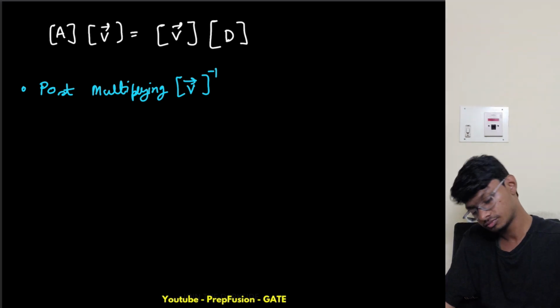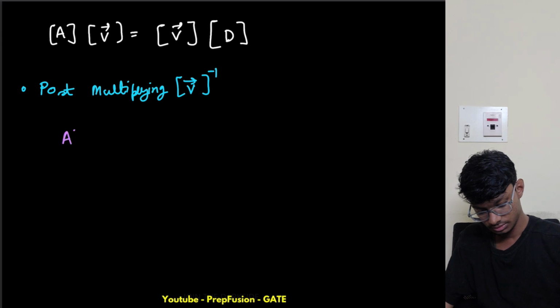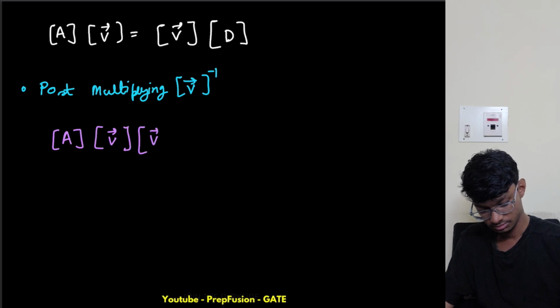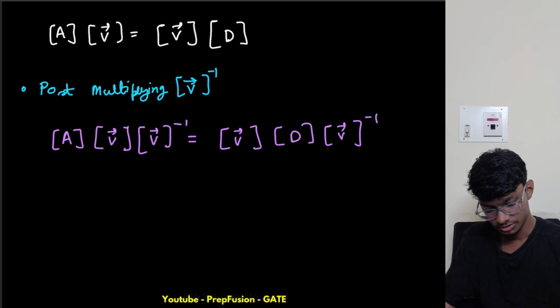So post multiplying, what do I get? This is V only, and this is D only, and this is V inverse, right? So this breaks up as I only.